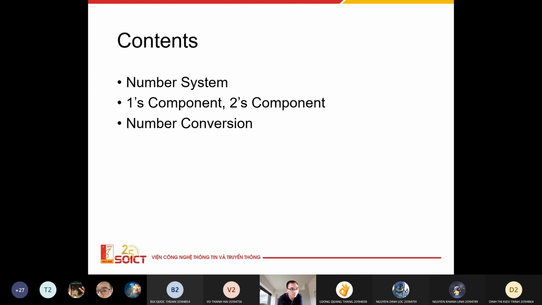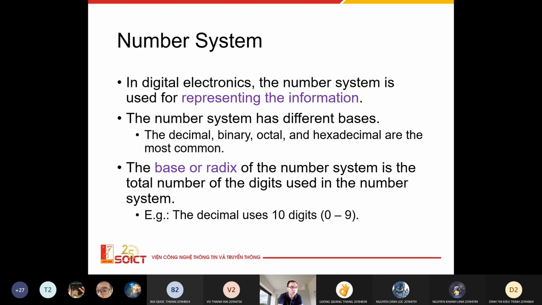Now I would like to talk about the number system. As you know, in digital electronics, the number system is used for representing information, right? Each number system has a different base, and the base or radix of the number system is the total number of digits used in the system.